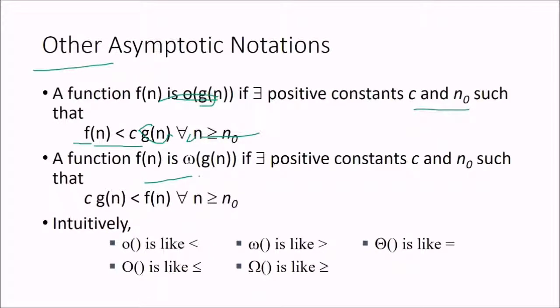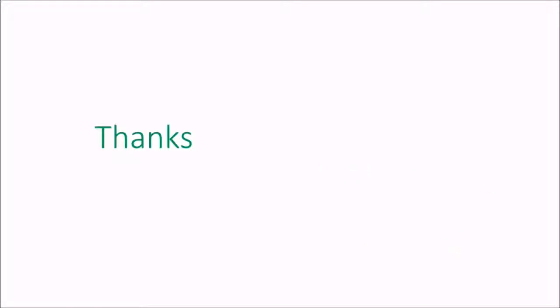And what about small omega of g(n)? Here f(n) is bounded below by c g(n). If you don't find this practically understandable, then just consider that big O is like less than or equal to, omega is greater than or equal to, and theta is like equal to, while these two which I introduced just now are strictly less than or greater than.